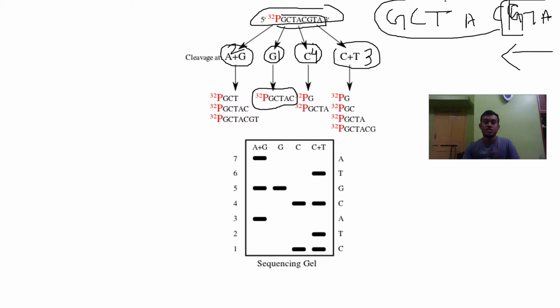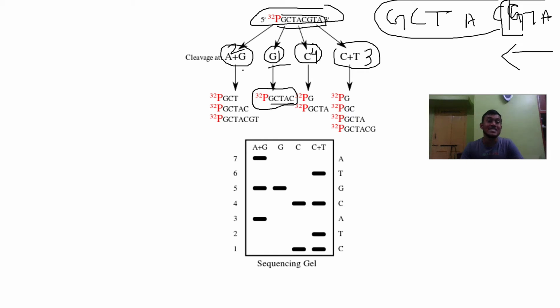The rest, which is GCTAC, it will consider, leaving all the rest behind. As soon as it encounters a G base, it will stop. The same logic goes for all 4 aliquots. So this was about the G base.